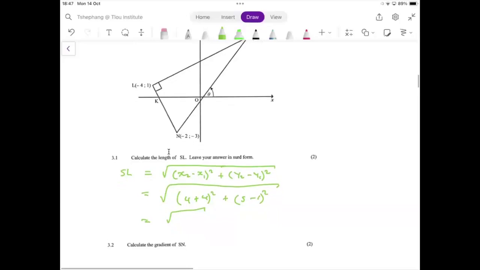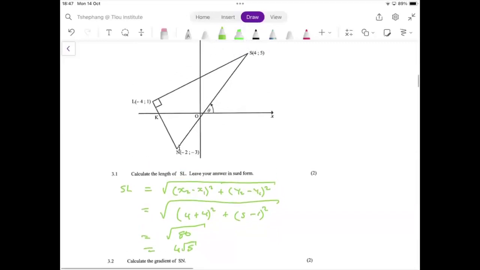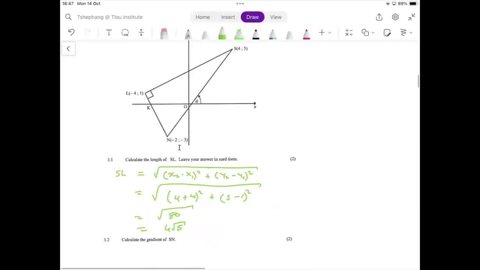And this should give you 64 plus 16, root of 80, which is 4 root 5. Easy 2 marks there.